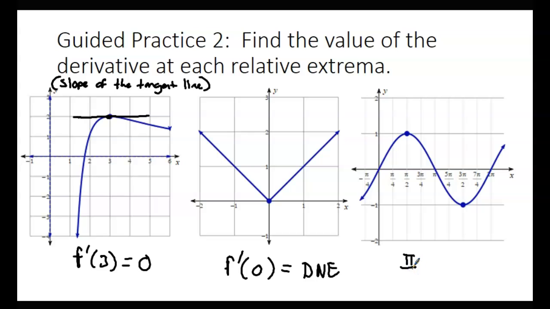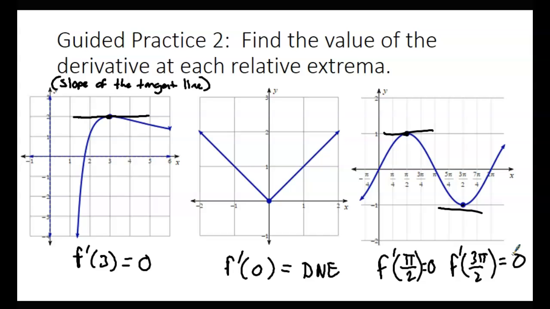So here's my max and here's my min. I'm going to put the x values for those, because I want to find what's the derivative when x equals those values. So what is the derivative at this point? 0, flat tangent line. How about here? 0, flat tangent line. All right, so let's finish this sentence for me.